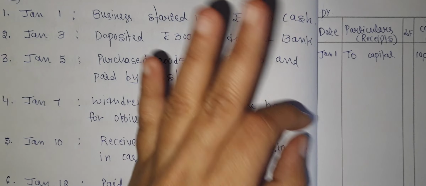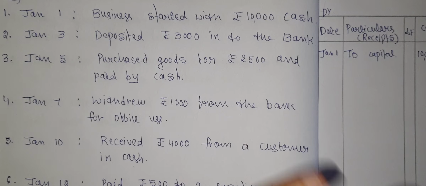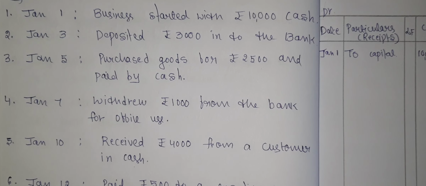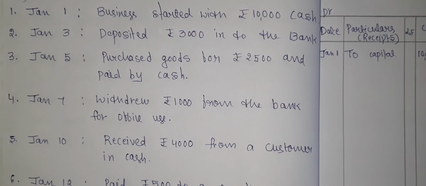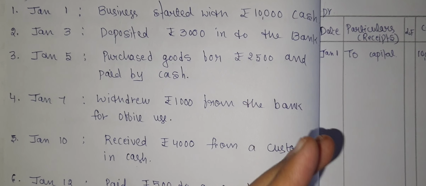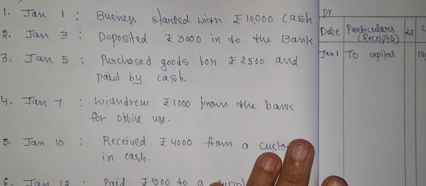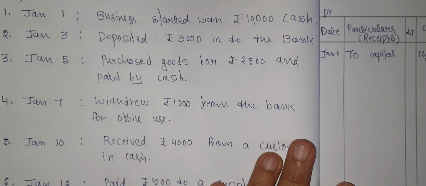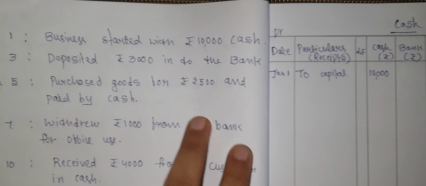This is a contra entry. Why? Because here bank and cash account will come. Deposited rupees 3,000 means the receiver of cash is the bank. Bank account debtor to cash account, because we are depositing the cash. So bank account debtor to cash account on Jan 3rd.